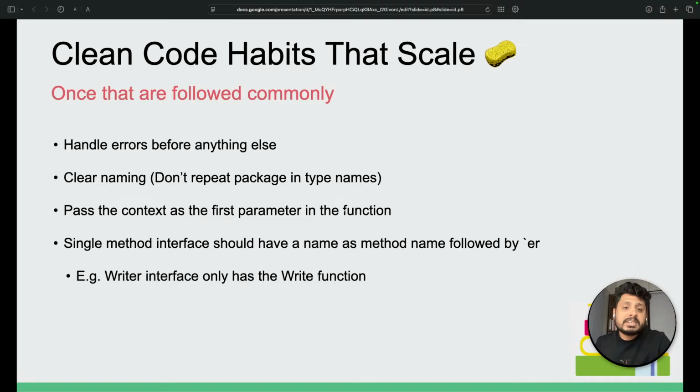So these habits are like handling errors before you do anything, right? You have clean names. Do not repeat the package name in the structure or interfaces that you define in the package. Now, this piece is very important. For example, your package name is, let's say, byte, right? And then you have a structure over there.